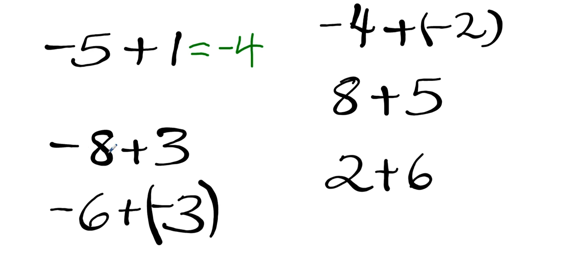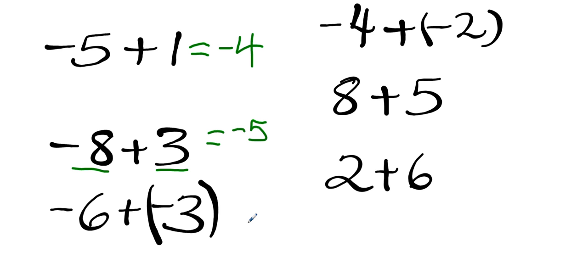The second example here, we have -8 plus 3. Are our signs different or are they the same? They're different, so that means we're going to subtract. When we subtract, we get 5. And since 8 has the highest absolute value, it's going to be -5.